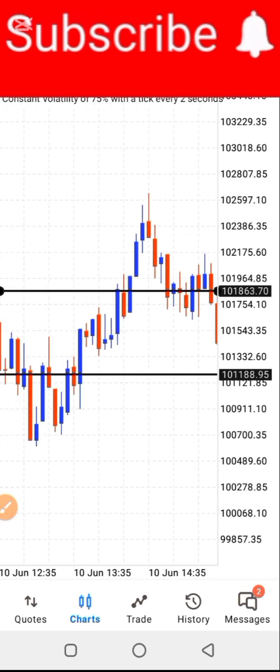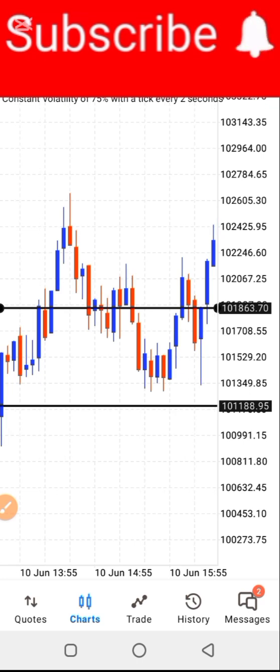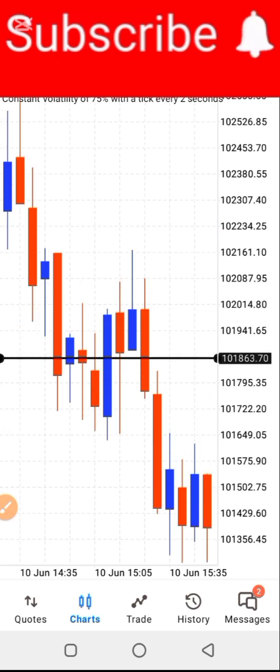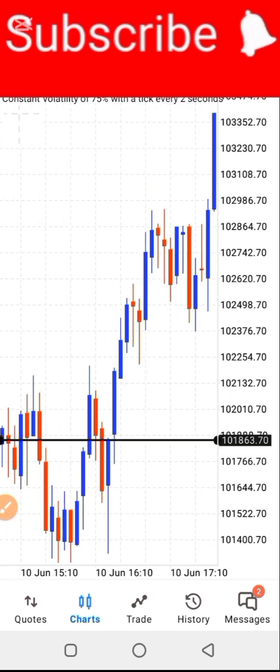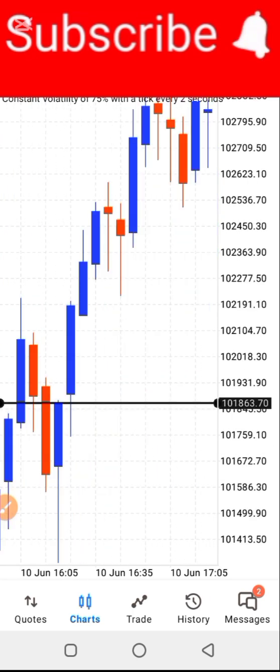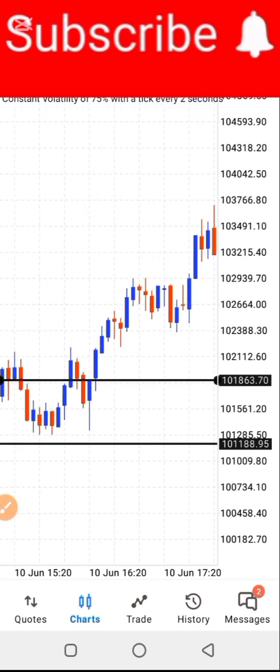So let me just look for some random zones. Okay, look at this zone, for example. No, this is not a good example. Let me look for another one. Sorry, let me zoom out.